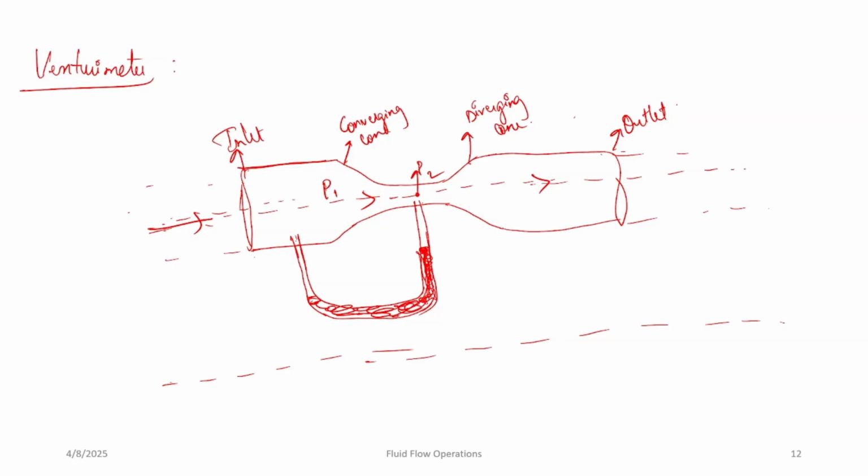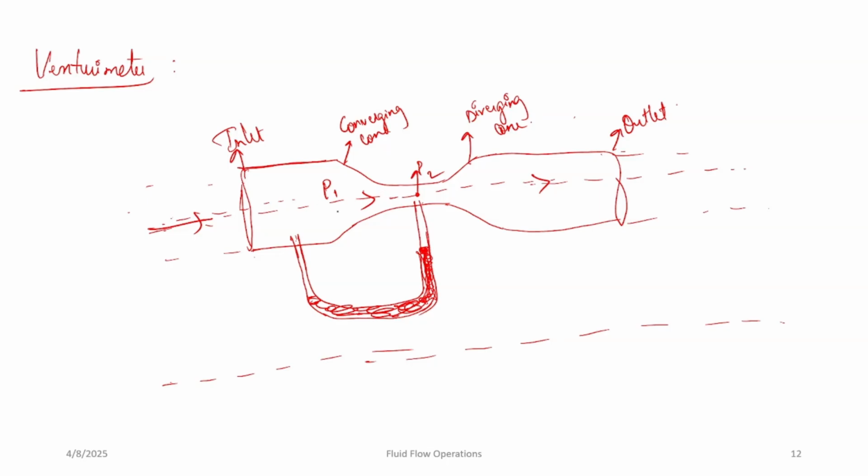In a Venturi meter, the fluid is accelerated in the converging section, with an angle of 15 to 20 degrees, with a pressure difference.